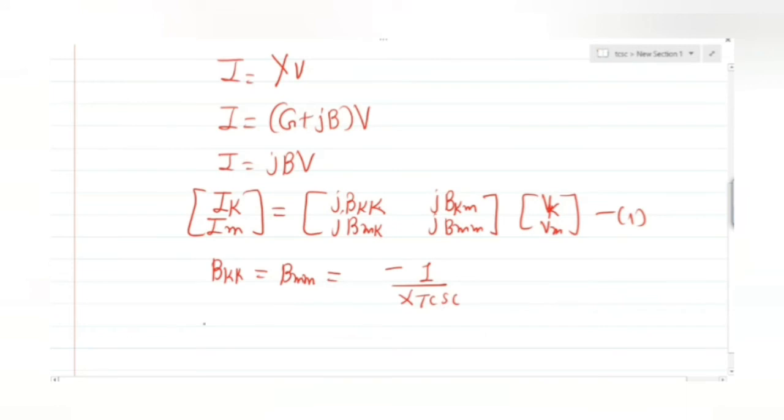And for the off-diagonal element, BMK is equal to BKM is equal to 1 upon X TCSC. Now what is X TCSC? X TCSC is equal to XL parallel with XC. So that means X TCSC is equal to XL into XC upon XL plus XC.